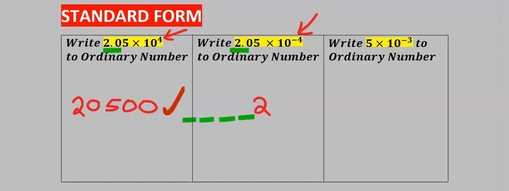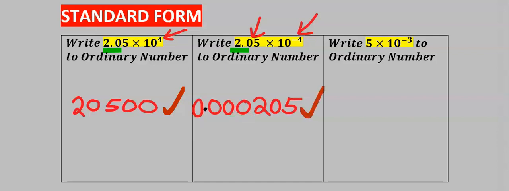These 4 digits will not affect 05. The 4 digits will be nothing but zeros. Next, we're going to put a decimal in front of the last digit, and this is our answer, which is a small number because of this -4.